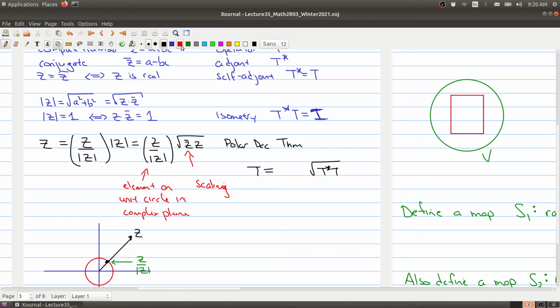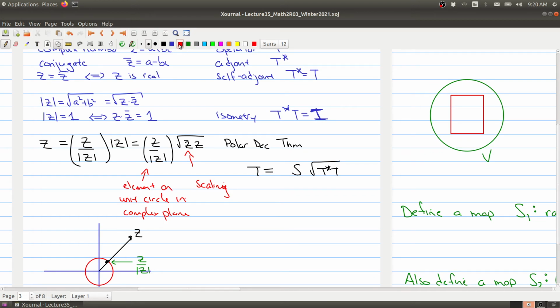And then this part here would correspond to taking an isometry. So this would be something that's an isometry, which has something to do with the identity, and over here, this is something on the unit circle. That's the connection there.